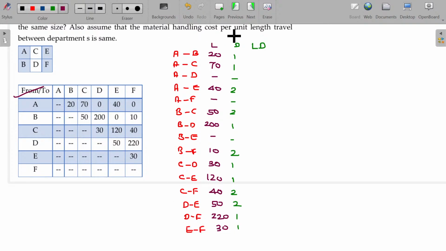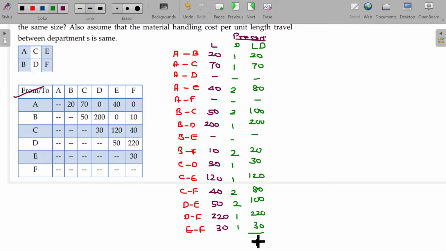This is present layout. Yes, 20, 70, dash, 80, dash, 100, 200, dash, 20, 30, 120, 80, 100, 220, 30.